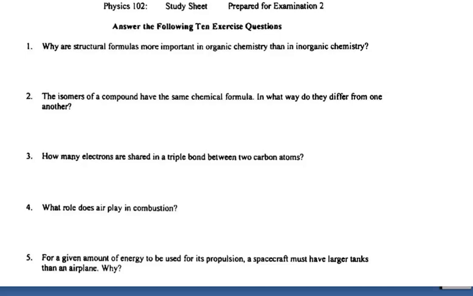And with the structural formulas, you can see the connection between the atoms. And since the connections differ depending on isomers, you have different properties. Therefore, it's good to be able to see the connection between the atoms in the formula. And that's why we need more structural formulas in organic chemistry than inorganic chemistry.